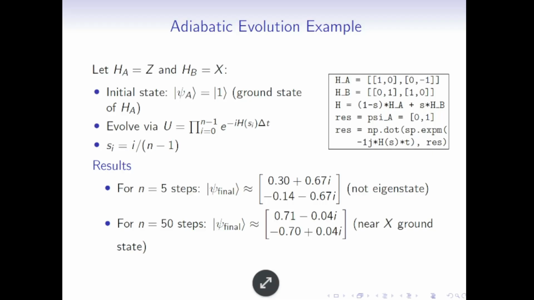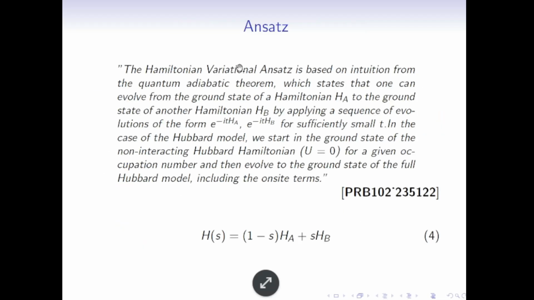If you are going from 0 to 1 and you are only doing 0 to 0.25, then 0.25 to 0.5, 0.75 to 1, then there are only 4 steps. You have split the s parameter in only 5 steps, but you can split the parameter in 50 steps and you will land on these eigenstates. So this was just an example to show how to go from one Hamiltonian to another Hamiltonian using adiabatic evolution.